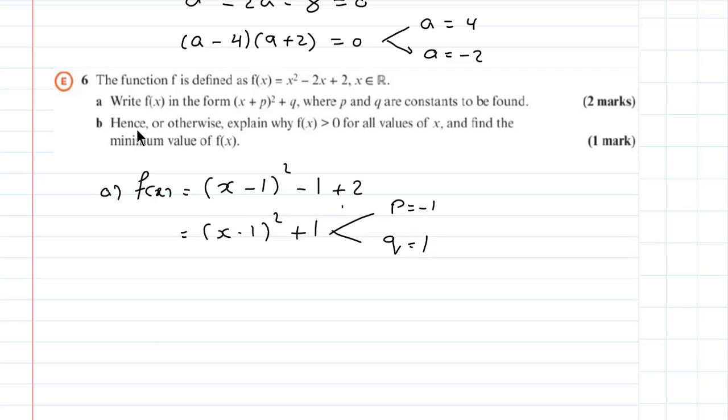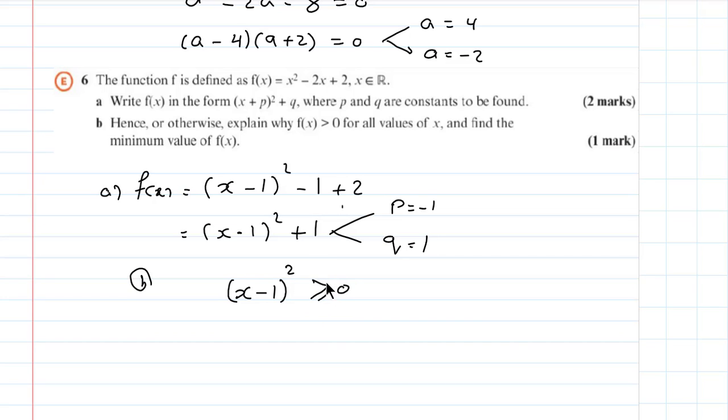B, hence means depend on your answer for part A, or otherwise explain why f of x is more than 0 for all values of x, and find the minimum value. Very good. To answer this question, please concentrate with me here. The question said explain why f of x is more than 0 for any value of x. Okay, of course we know that any quantity, we can start with this, any quantity squared should be more than or equal to 0.